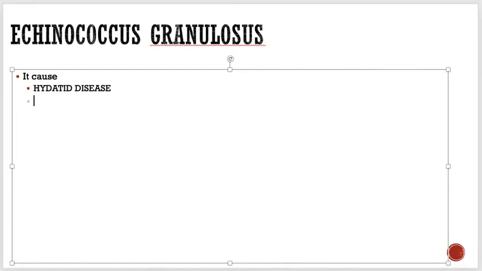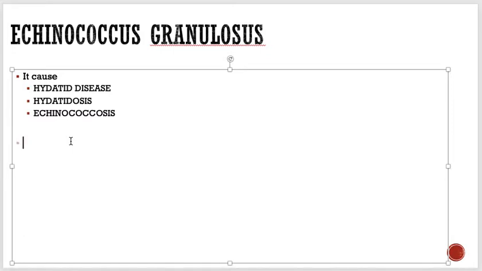Don't get confused if you find it written somewhere as Hydatidosis, same thing. Or don't be confused if you find it written as echinococcosis. They are the names of the same condition, guys.